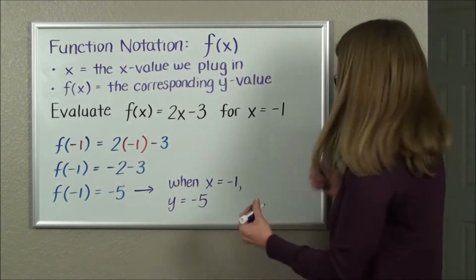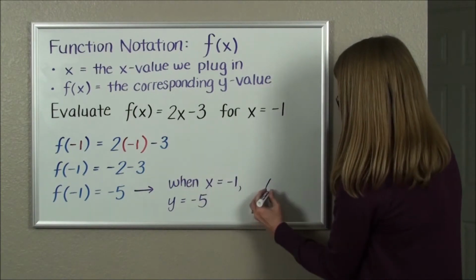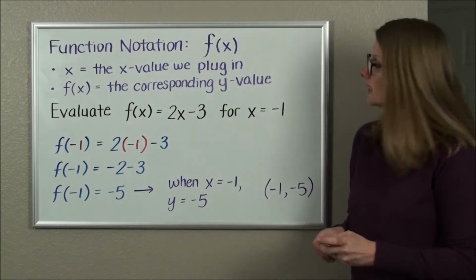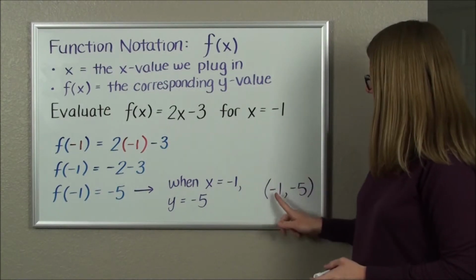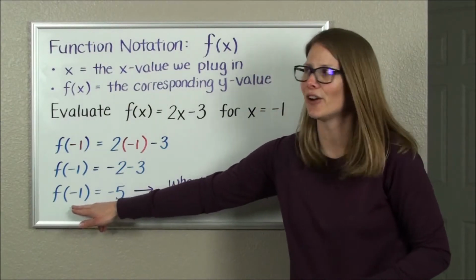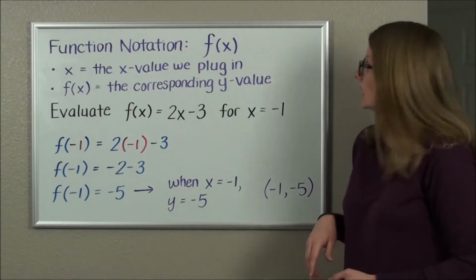And that also would imply that a point on this function would be -1, -5. That ordered pair exists. For x equaling -1, we found that y, which we called fancily f of -1, equaled -5.